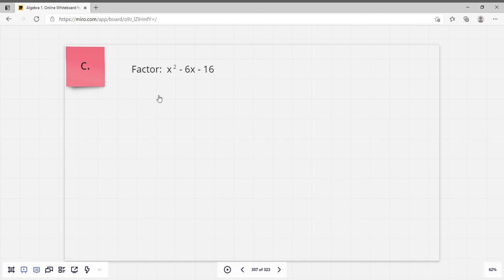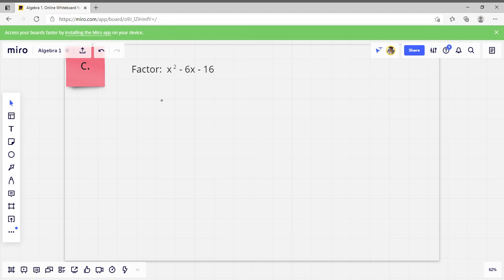Okay, and then this is the last one. So we've got our parentheses, x at the beginning of both of those. Now we need numbers that when we multiply, we get 16, and when we add, we get negative 6.